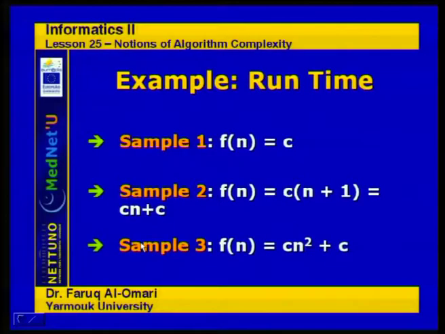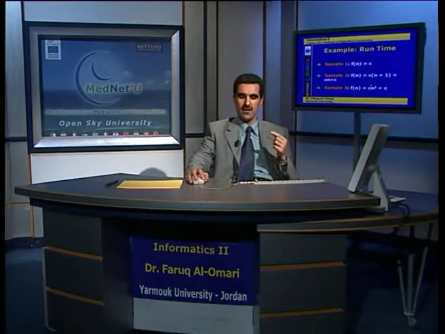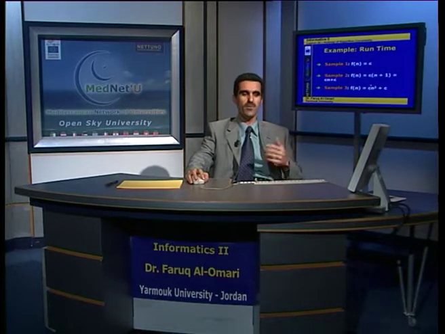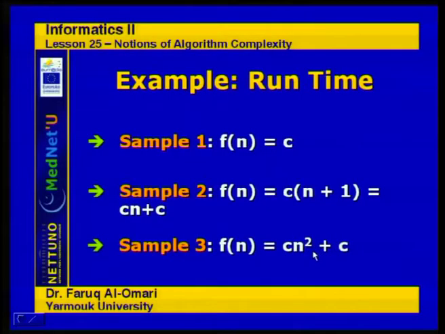Sample 3. Well, remember that we have n squared plus 1 assignments, right? And if each one of them takes c seconds, then the total will be c times n squared plus c. So the behavior in here is a quadratic. All right?